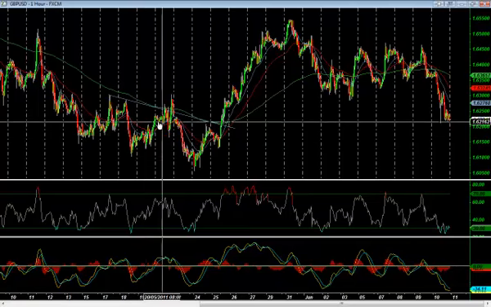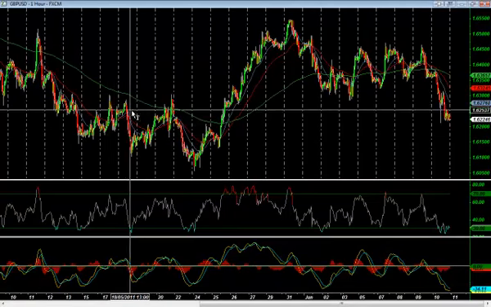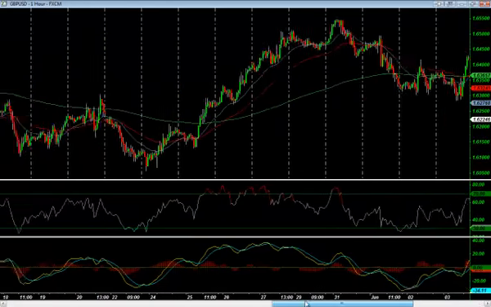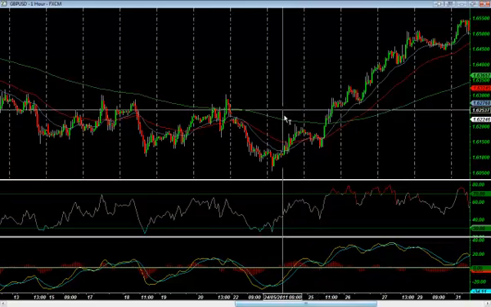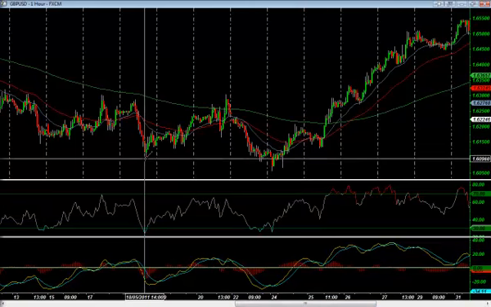What you have to remember is that you have to see that channel line touched in order to gain a decent reversal, a decent chance of the price reversing.